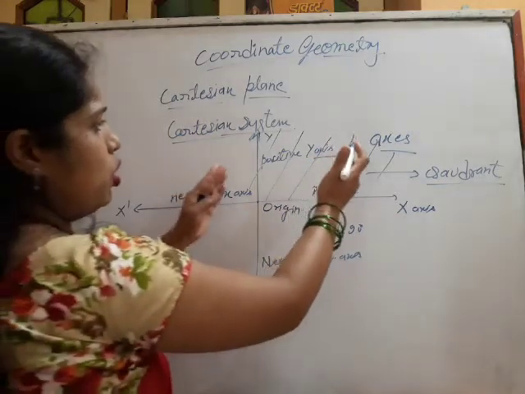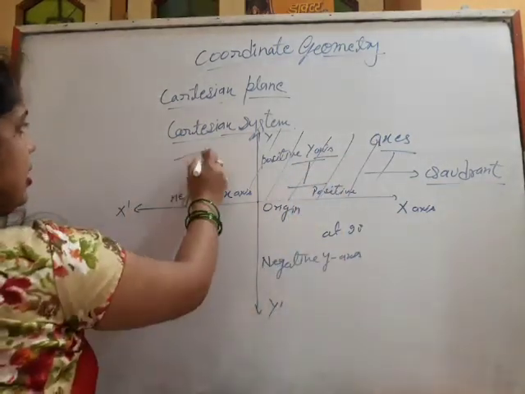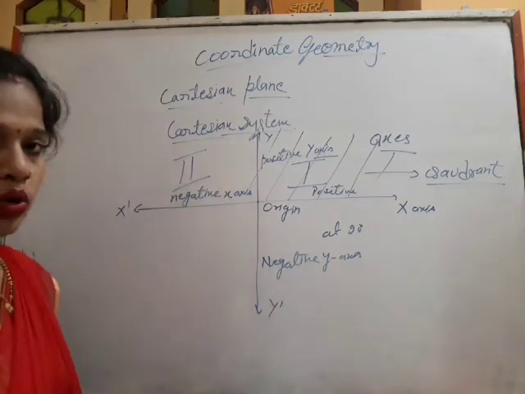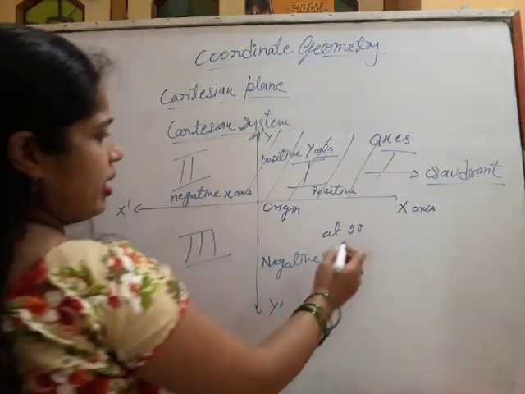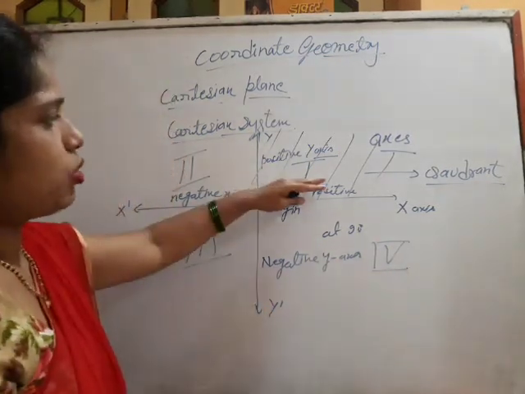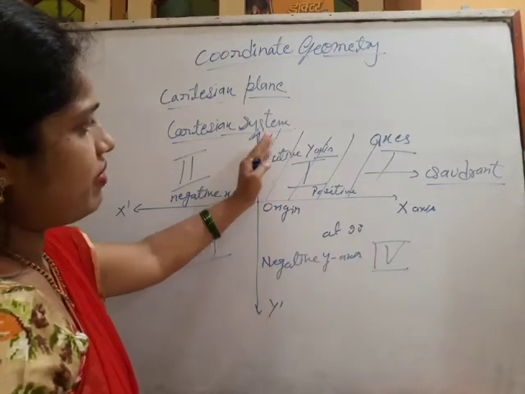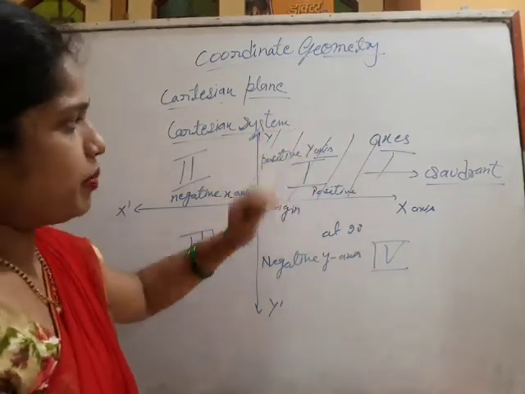This is the first quadrant, this is the second quadrant, this is the third quadrant, and this is the fourth quadrant. In the first quadrant, both the x and y values are positive.